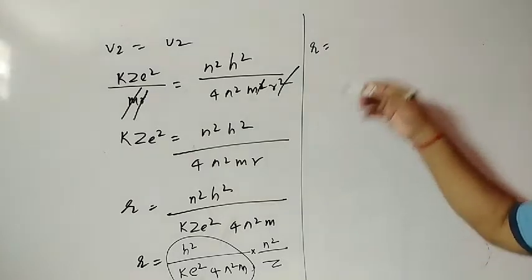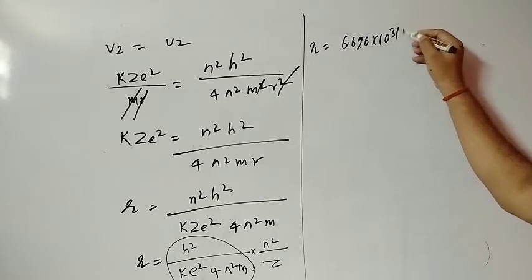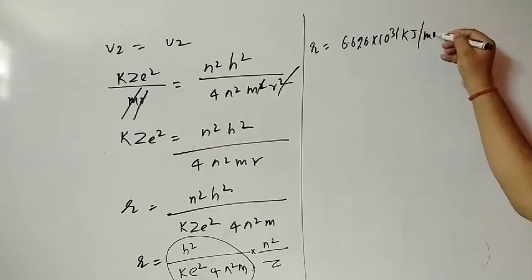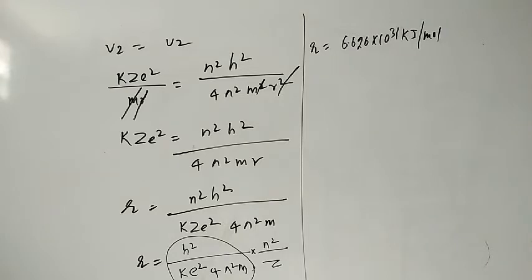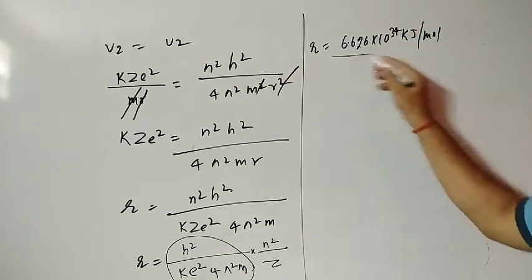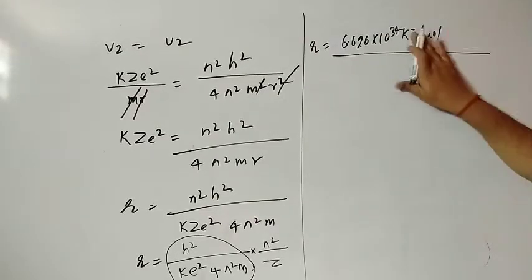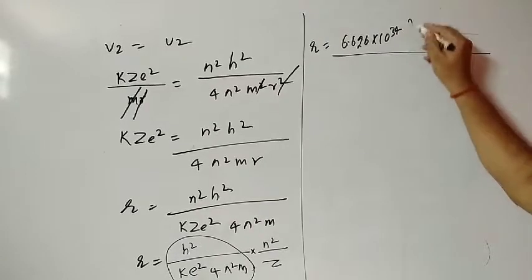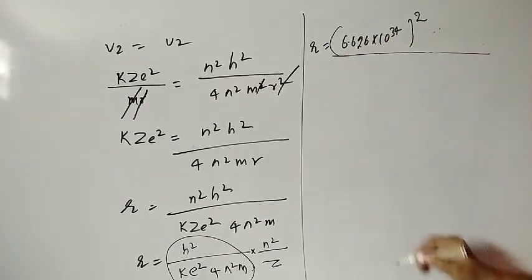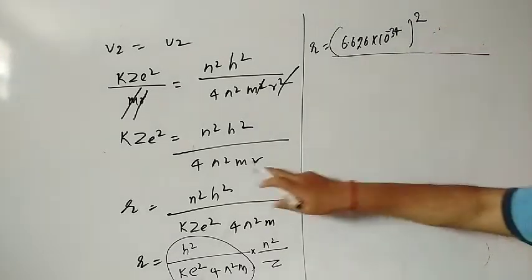So r is equal to: put in the Planck constant value 6.626 into 10 power minus 34 joule second, not 31, student, 31 is for the electron, and this is squared since h square is there.